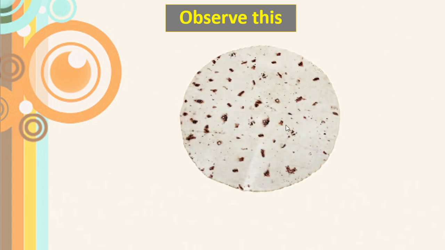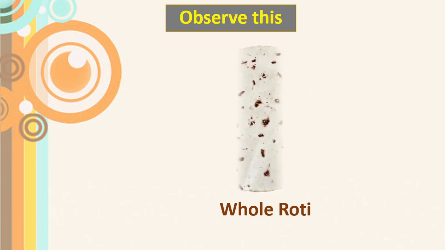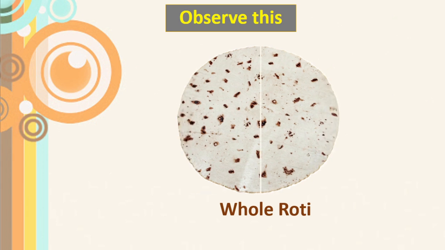Now you have to observe this carefully. See here, one full roti is there. One whole roti is there. And the mother has 2 children, one boy and one girl, and only one roti left. Then what will she do? She will cut this roti exactly in the middle.